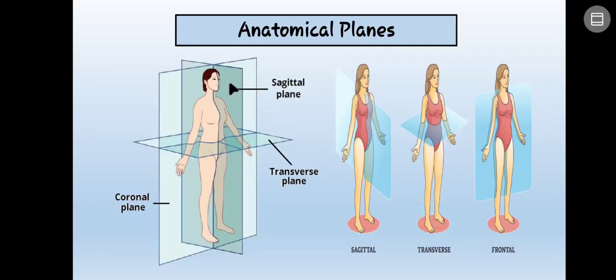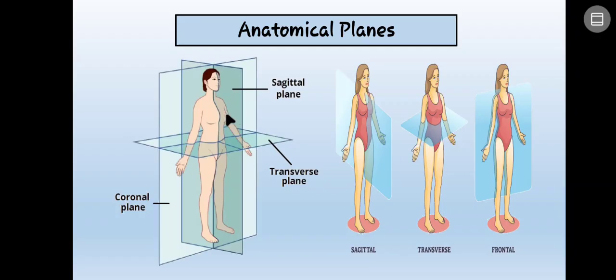This, the deep green, that's the sagittal plane. So you could see that it is cutting the body from top to down, and it is giving us this portion, the left and then the right.